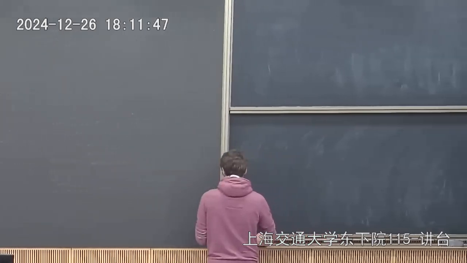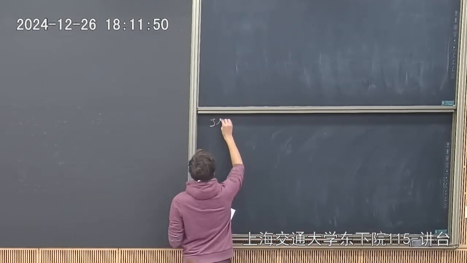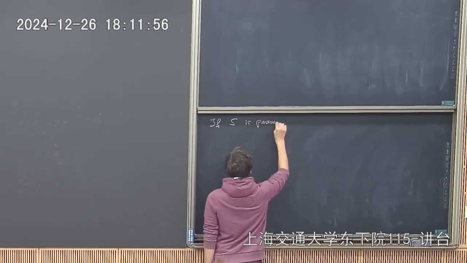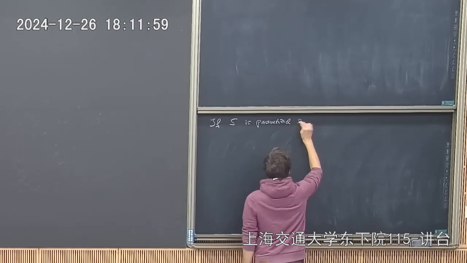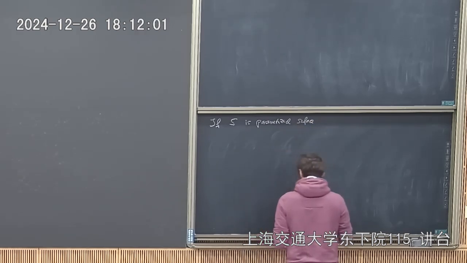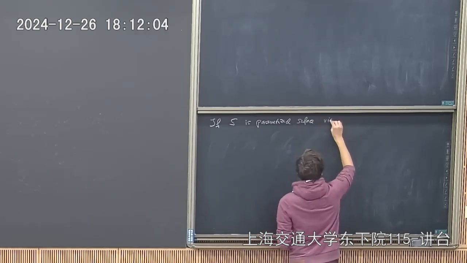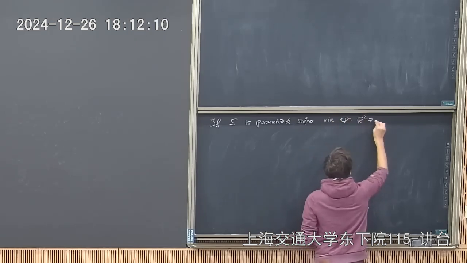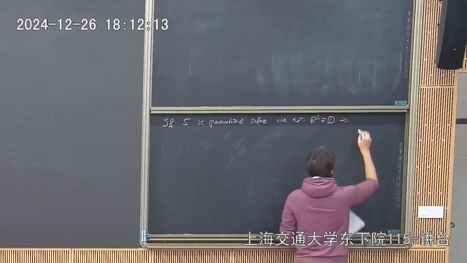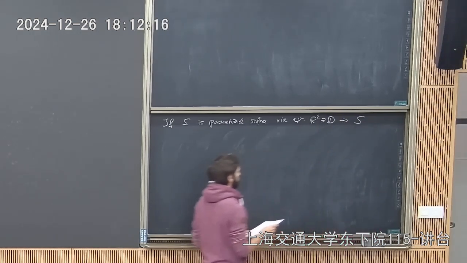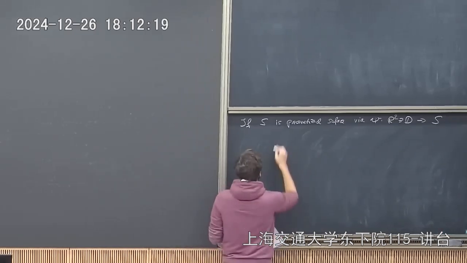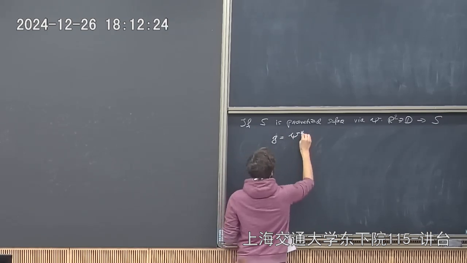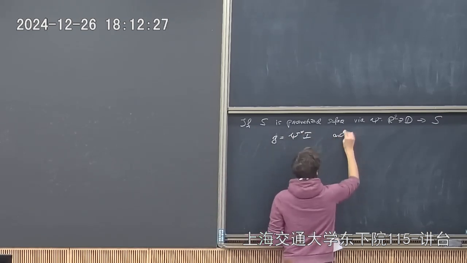So assume that S is a parameterized surface, say via a parameterization which we call psi. That's a map from some open subset of R2 into R3, and the image of that is the surface. Then we can pull back the first fundamental form and the second fundamental form.